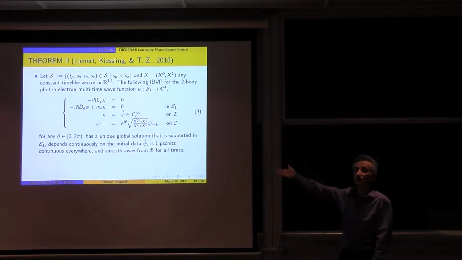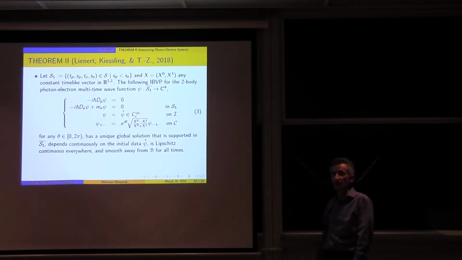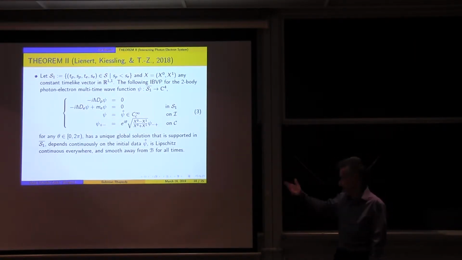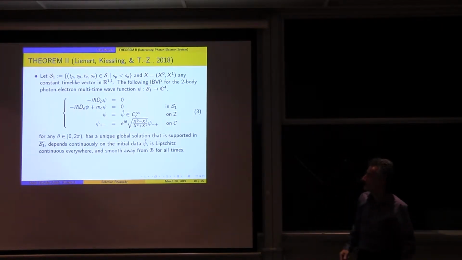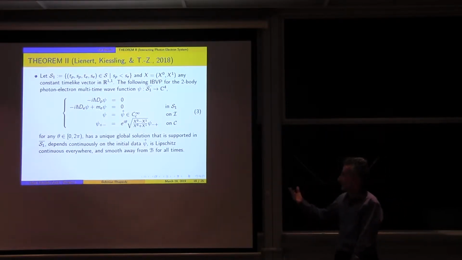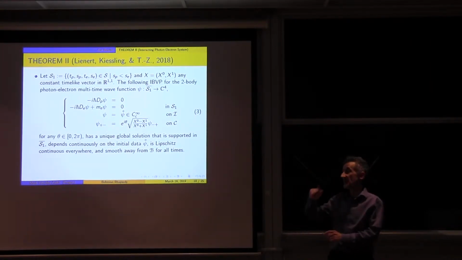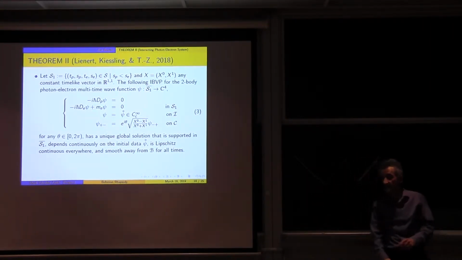I have not told you where I got this boundary condition from, but I will say that in a second. That comes from thinking about the particles not going through each other. And then you prove that this has a unique global solution, continuously depending on the initial data, Lipschitz continuous everywhere, and smooth away from that B boundary.